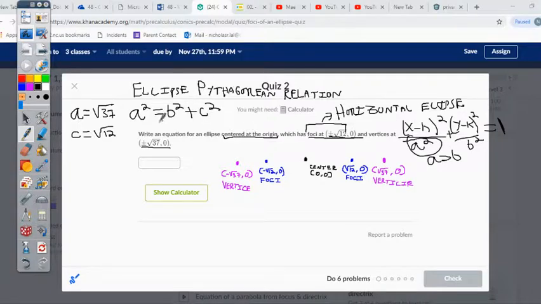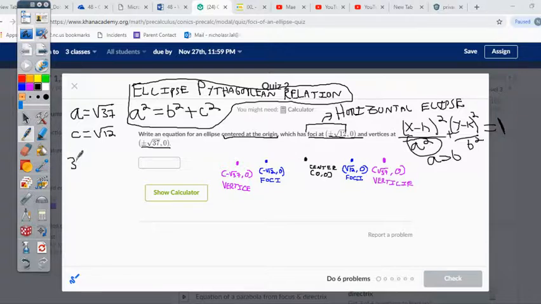Okay, so solving for B. A is root 37, C is root 12. Our ellipse Pythagorean relation is A squared is equal to B squared plus C squared. A squared, root 37 squared, is just 37.